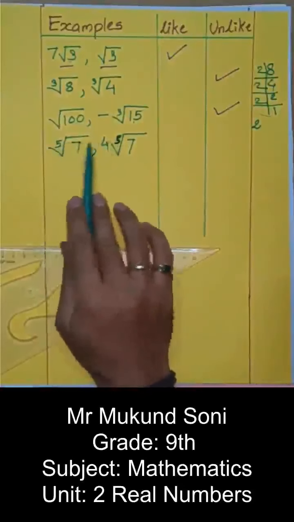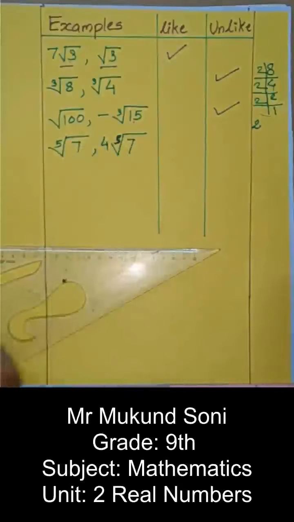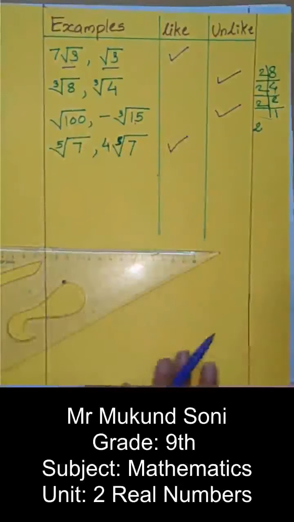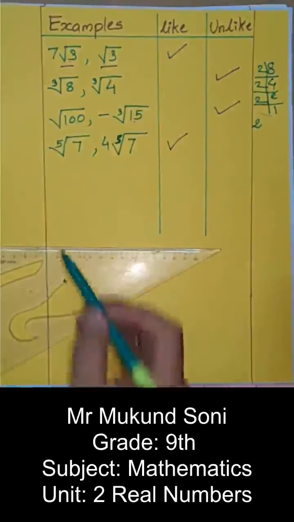The order is the same. The radicand is also the same. Hence, these are like surds. Let's have one more example.